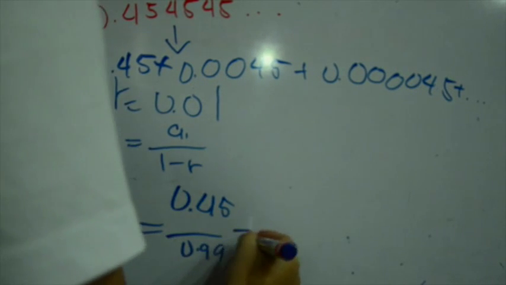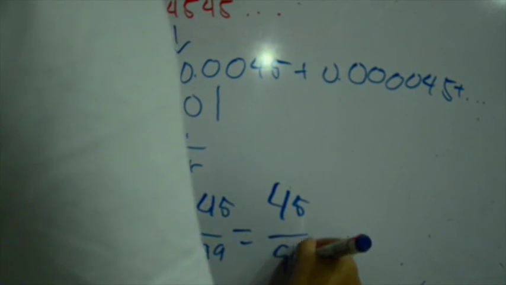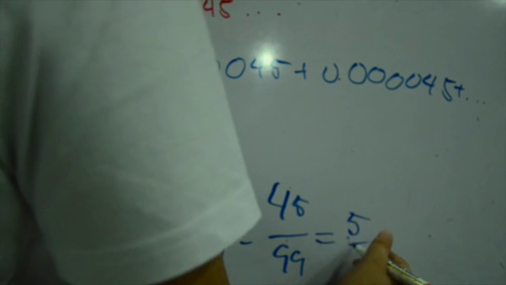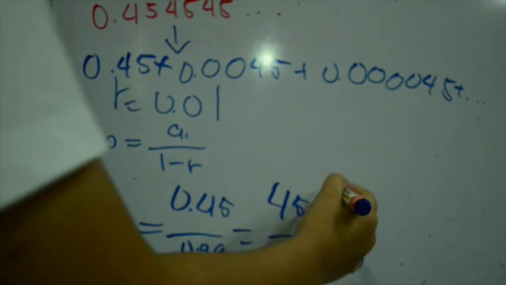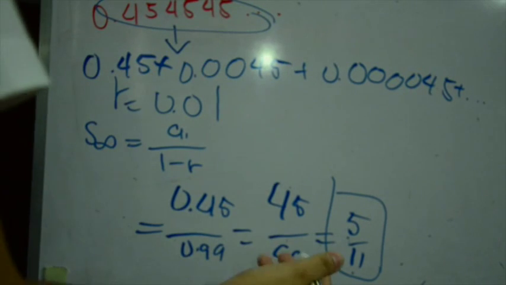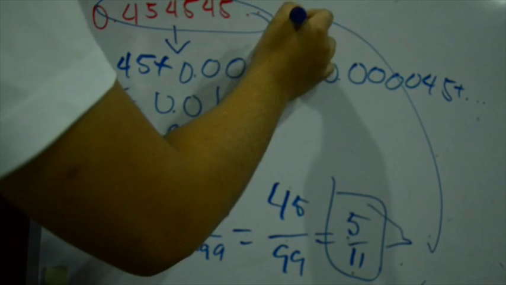It will equal 45 all over 99 in fractional notation, which is equal to 5 all over 11. Now, this is a simplified term of this kind of geometric sequence. If you divide this, you will go back here.